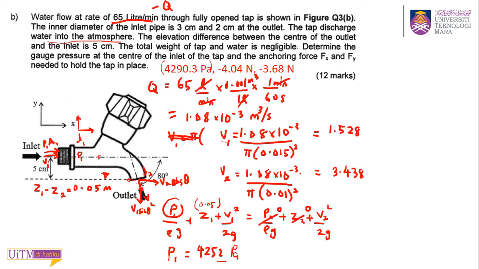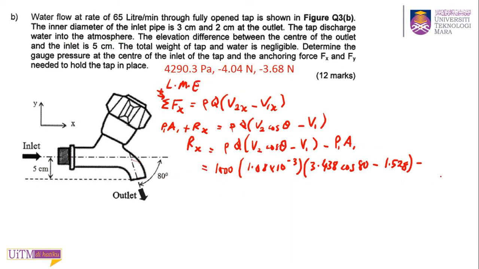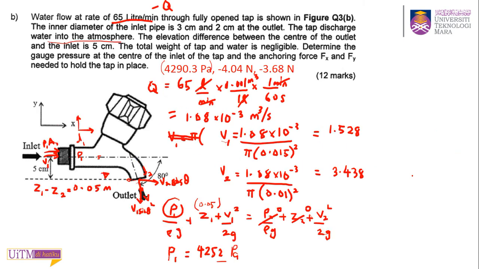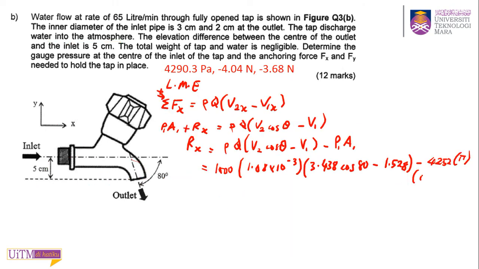P1 is 4252 times A1. A1 is pi times 0.015 squared.